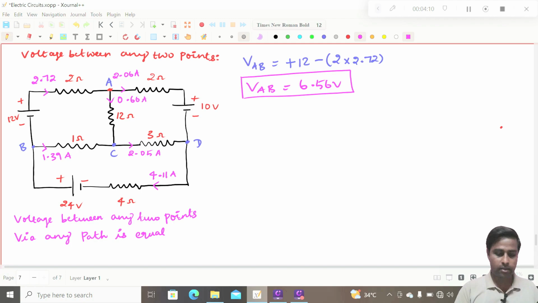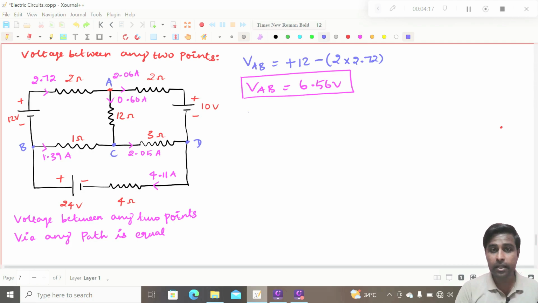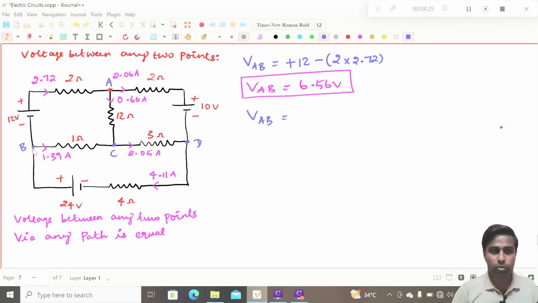So VAB again. What is VAB? You start from point B and travel to A. That's all. I start from this point and go in this way, like this, right? You see I am going in the same direction as this current.